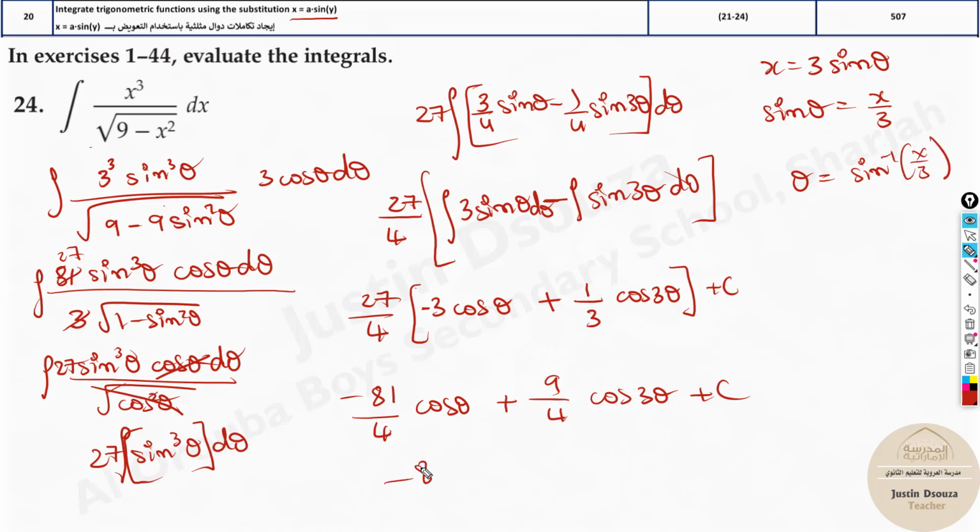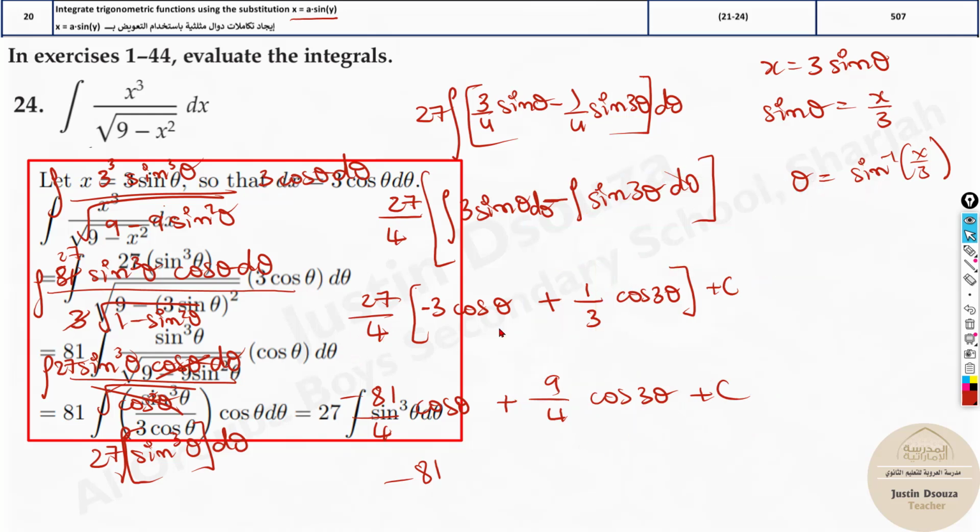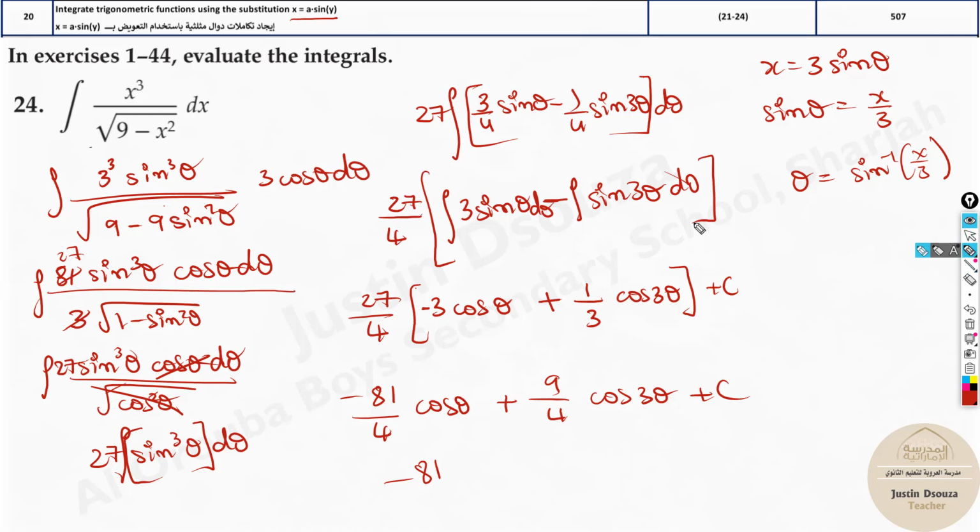Let me just look into the final answer. So they have taken this out itself. They have not multiplied it inside, but we have multiplied it. It's fine, you can follow whichever. This is also absolutely right, no problem at all, or this is also absolutely right. Now I'll stick to what I've done over here.